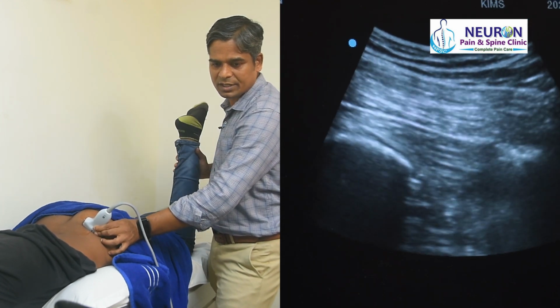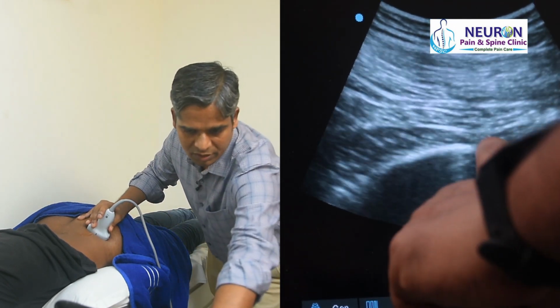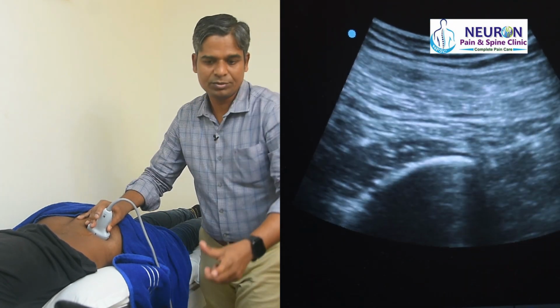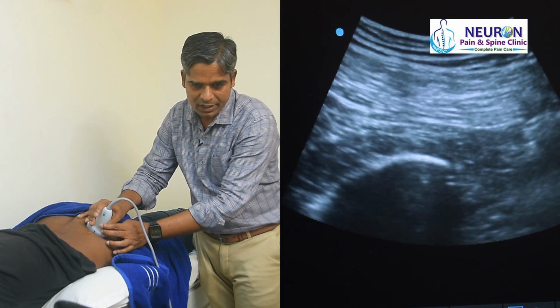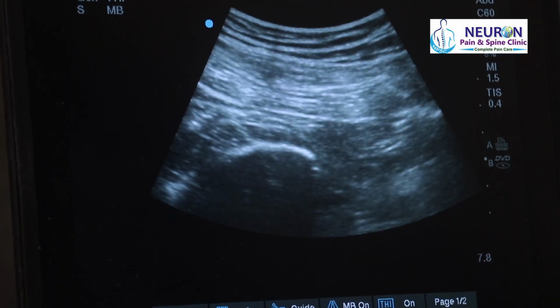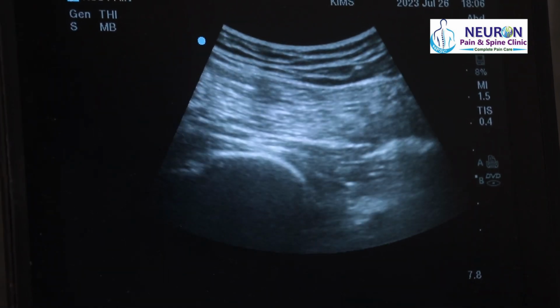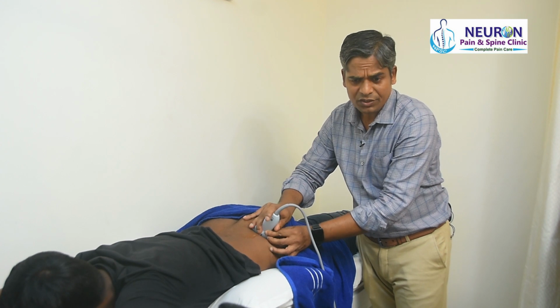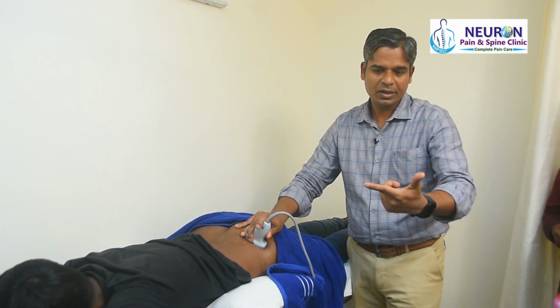From this scanning technique, I'll slowly go on. This is a curve-like appearance of that part of the bone, which is the posterior part of the acetabulum. Slowly keep scanning. I'll go towards the pudendal nerve. Scanning down in this plane slowly until that hyperechoic line, or that bone, becomes straightened.